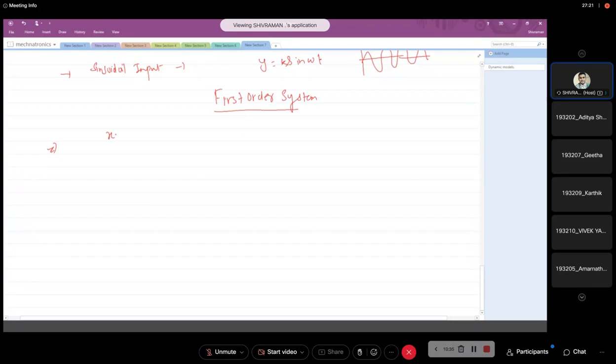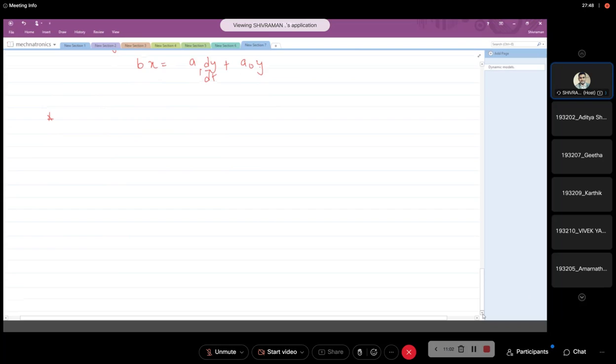So if x is the input which is varying with time, and y is the output which is varying with time, it can be represented as bx is equal to a1 dy by dt plus a0 y. So this is the first order system equation. Based on the input, your response equation can be developed.